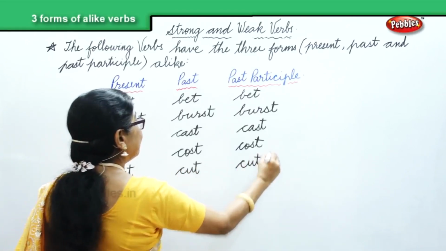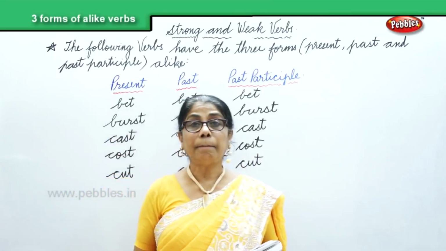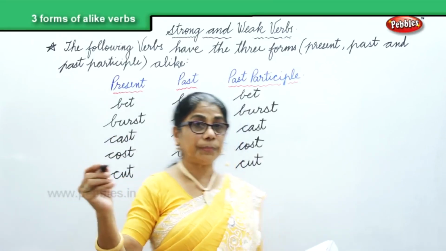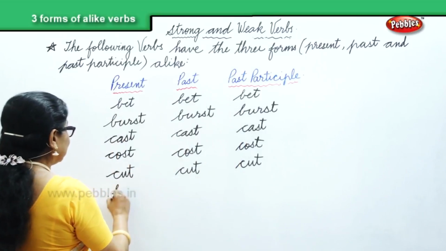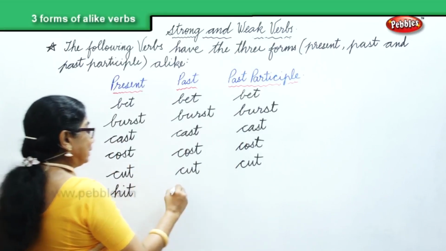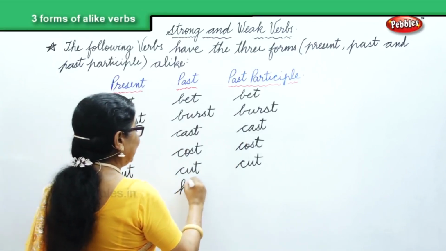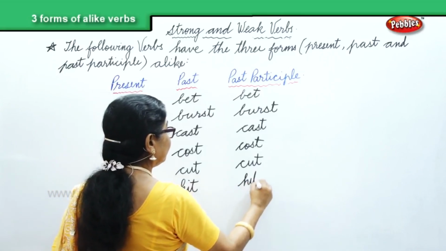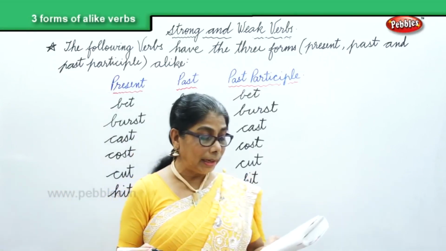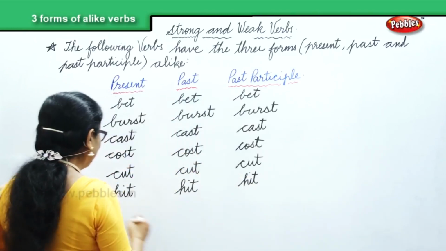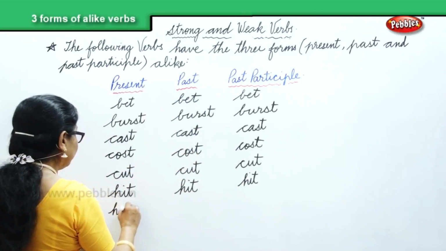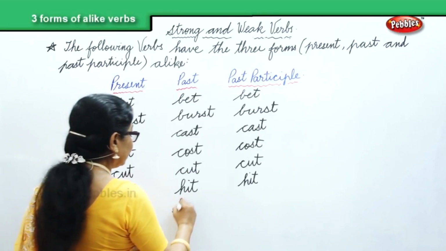But the past, present or participle, all the same. Hit, you hit someone or something hit you. Hit, all hit only. Then we have the word hurt. You get hurt when you fall down. Hurt, hurt.